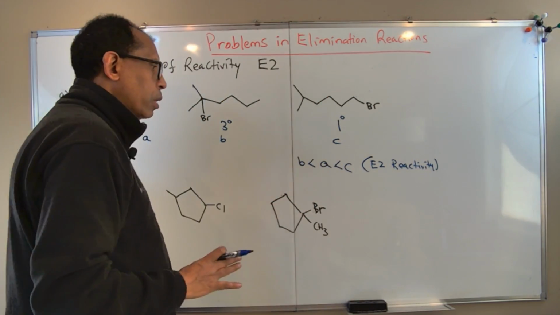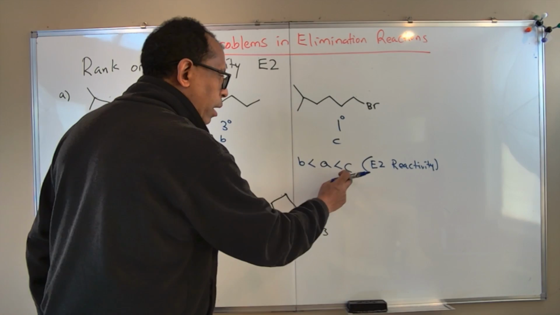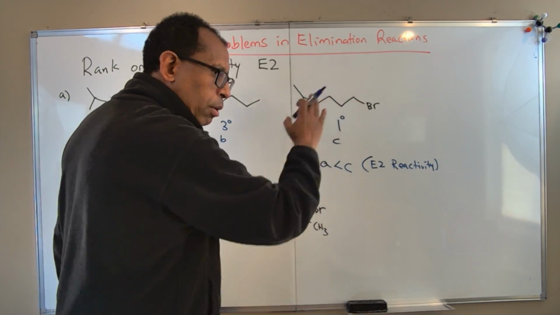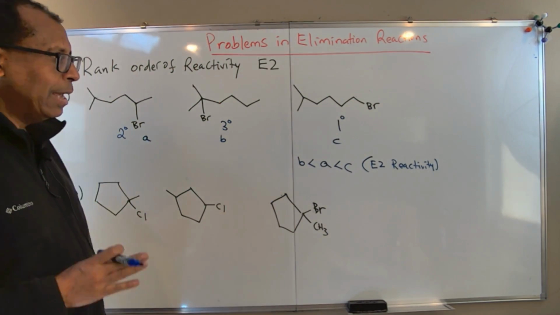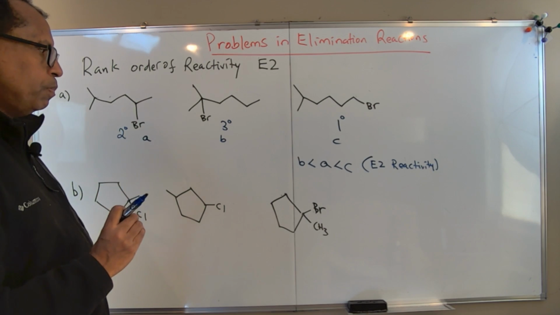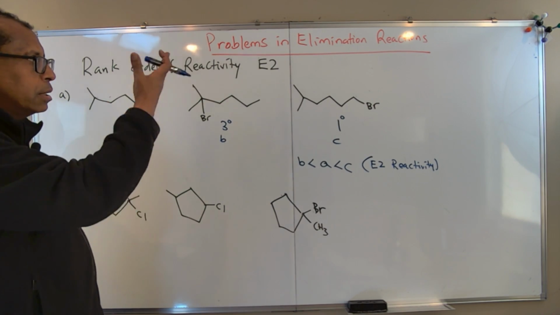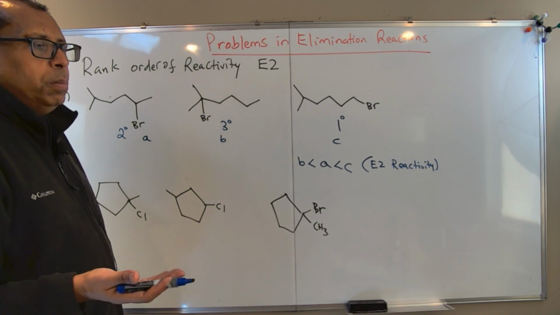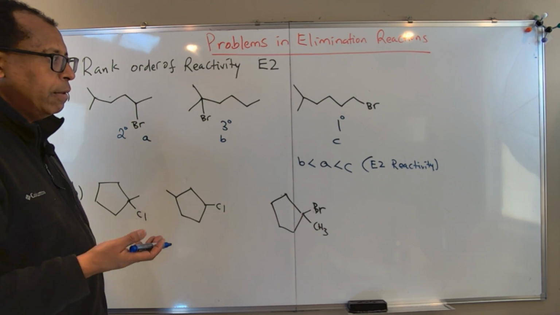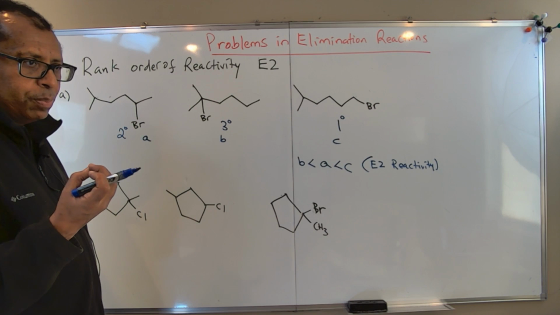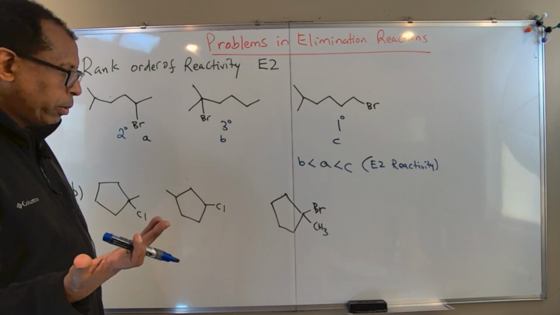So in E2 reactivity, C is the most reactive, the fastest, because it is a primary alkyl halide in E2 mechanism. So if we're asked to reverse this and study what would be the rate of the reaction in E1 mechanism, that could also be asked.